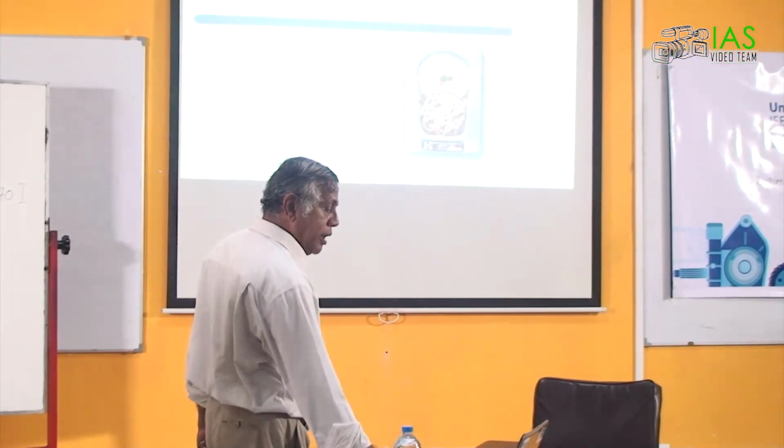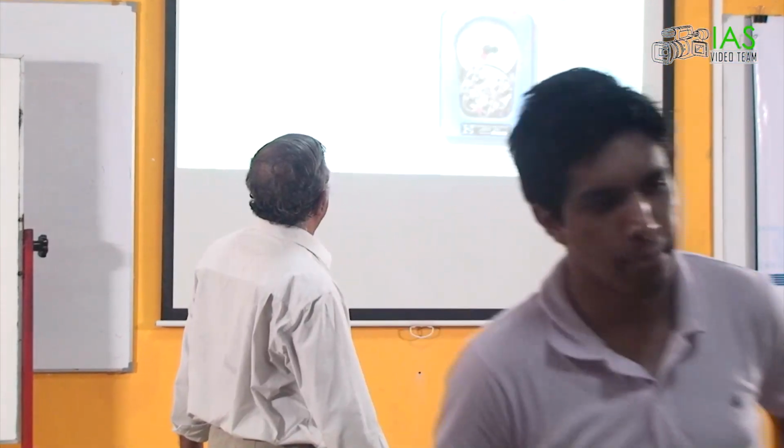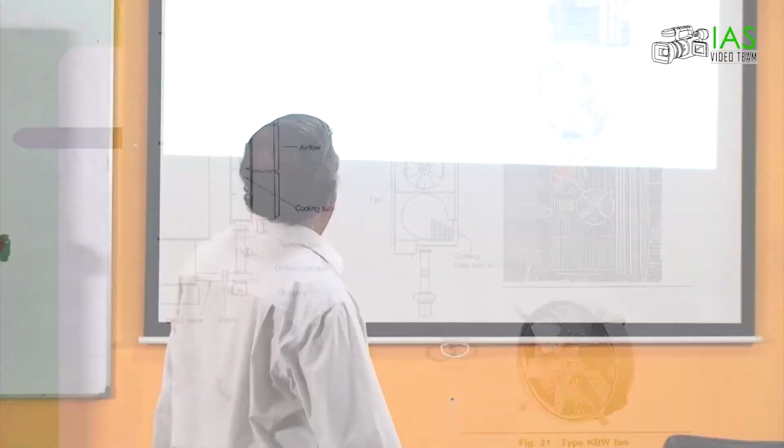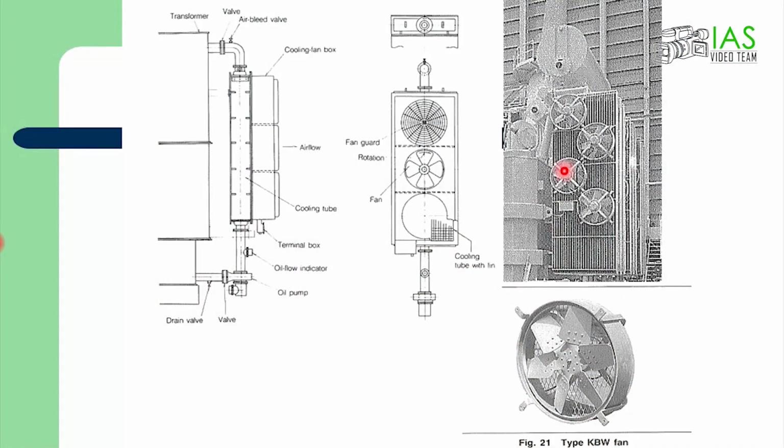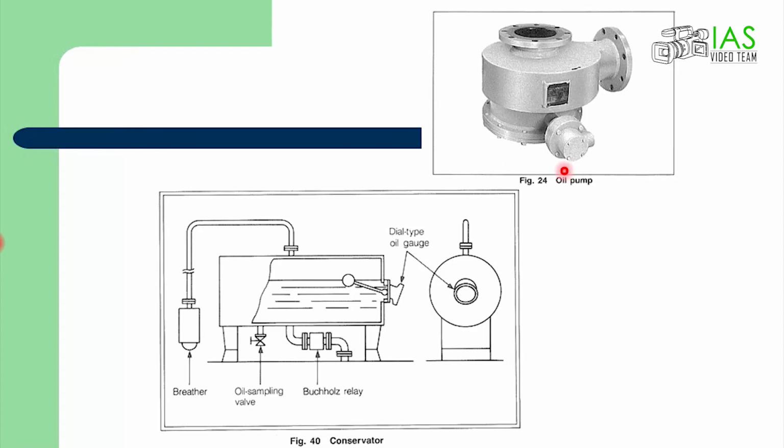So these are the temperature indicators, and these are fans on the radiator, and you have an oil pump over here, and silica gel breather, and the level gauge of the transformer oil.